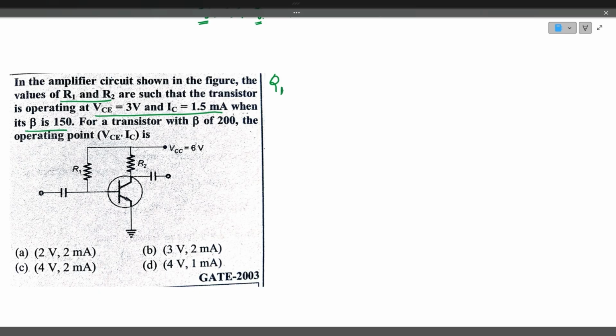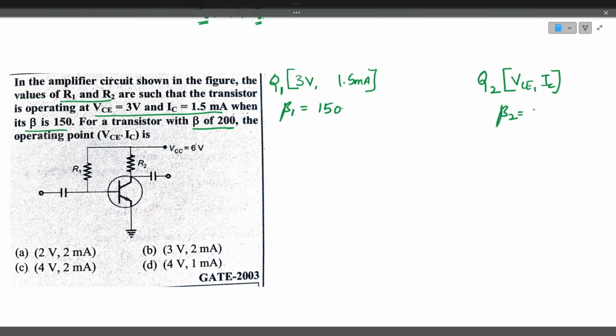I am writing this as Q point 1, whose VCE and IC values are given as 3 volts and 1.5 milliamps when the beta of the transistor, that is beta 1, is 150. So now for the transistor with beta equal to 200, what happens to the new Q point? So he's asking to find out new Q point, that is Q2, VCE and IC values if the beta of the transistor is 200. So beta 2 is 200.